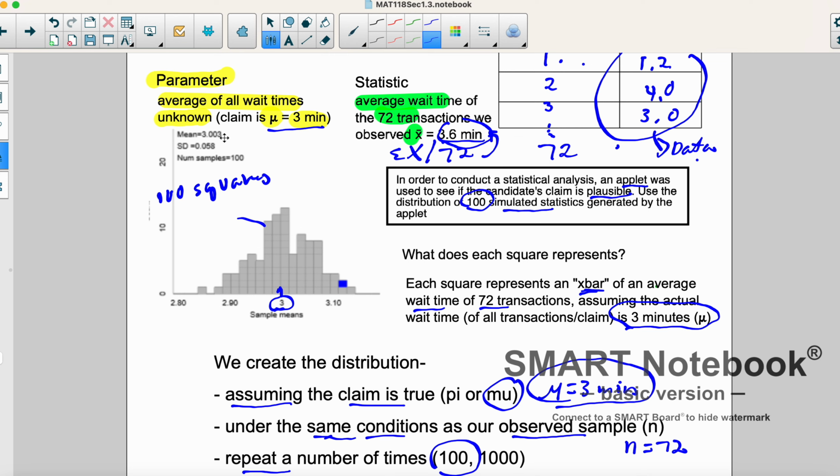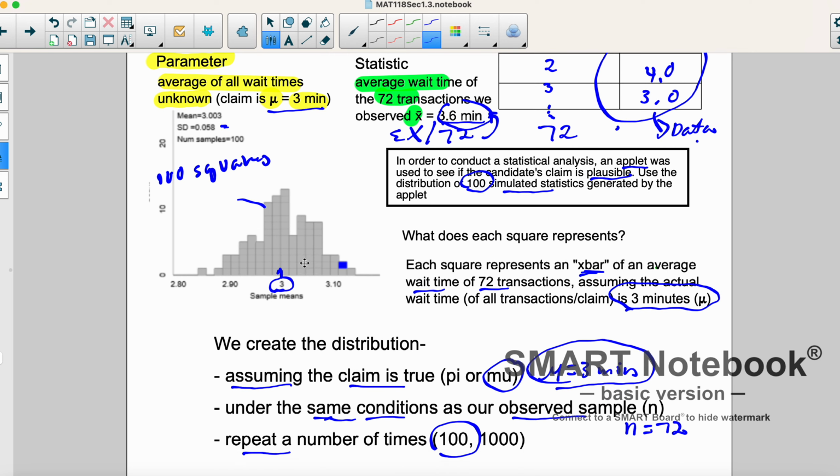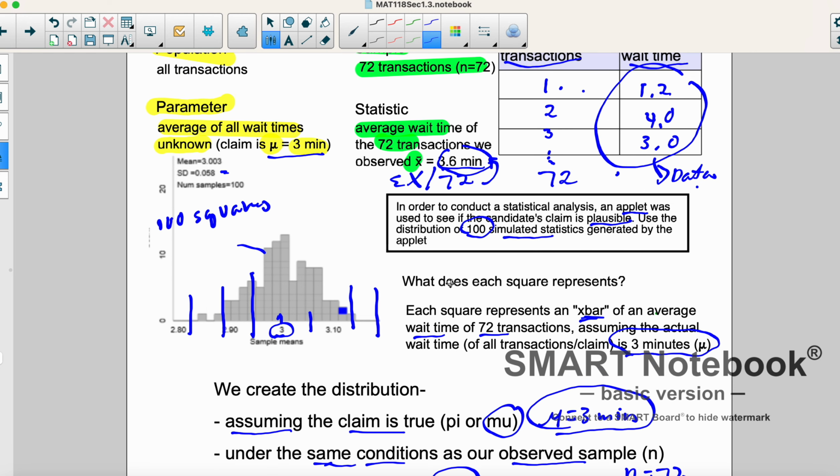Then we get some other information up here. The standard deviation is 0.058. So 3.058 would be one standard deviation, and so on up to 3.2. We can carve this up into how far away the data is from the center in standard deviations.